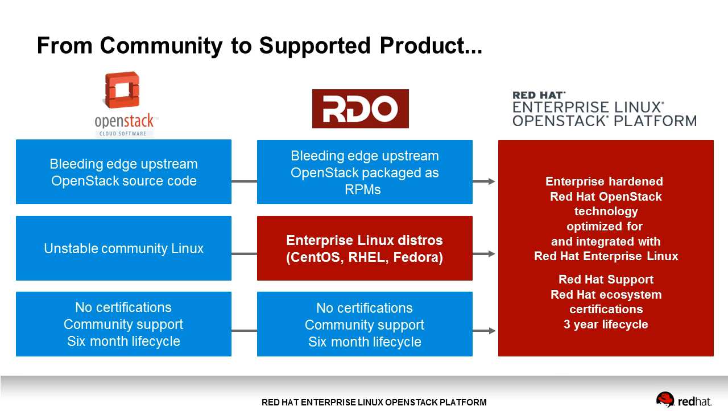Still upstream, still based on RHEL, CentOS and Fedora, and it's available about 1 week after upstream releases, which they do every 6 months. We then go through a testing, hardening, certification, and partner integration phase, and we come out with our Red Hat Enterprise Linux OpenStack Platform. That's the technology we sell, and that's the technology you can buy support for. That's the one you should bet your enterprise on. 3-year life cycle, tested, integrated, certified, the best OpenStack for your enterprise.